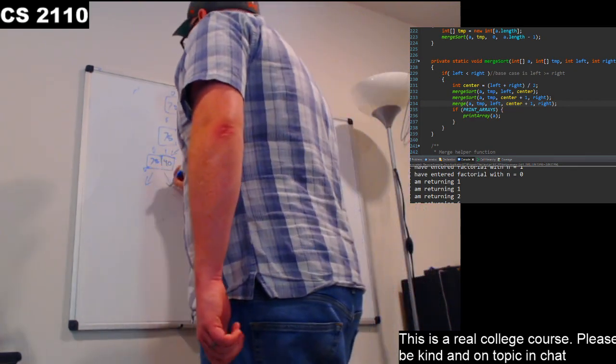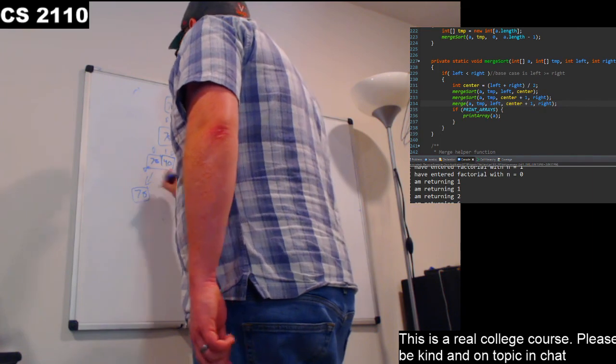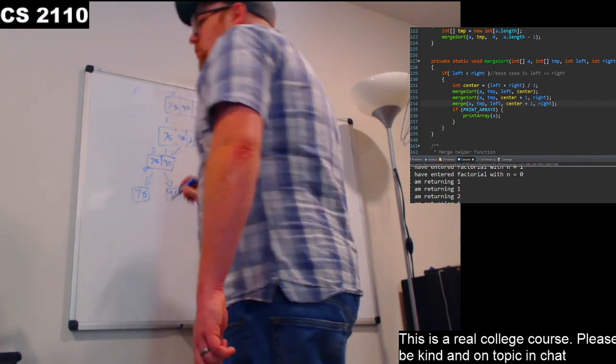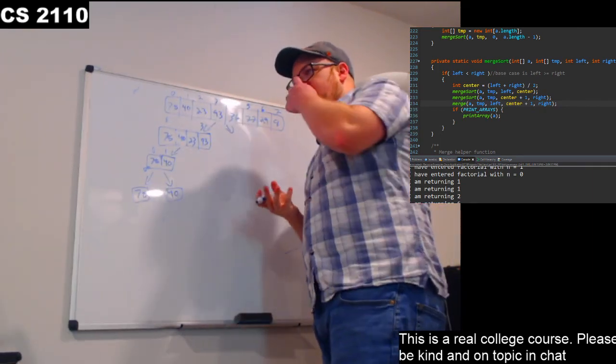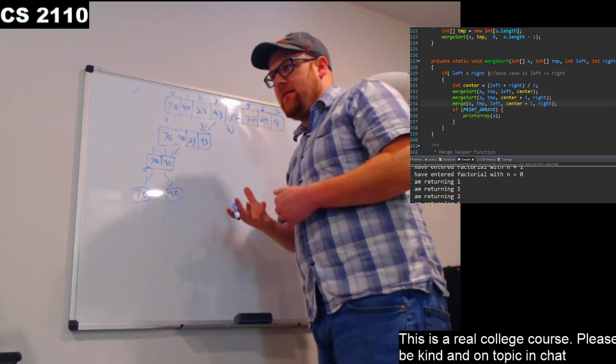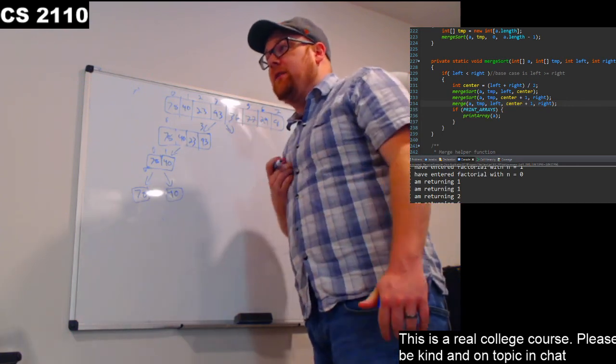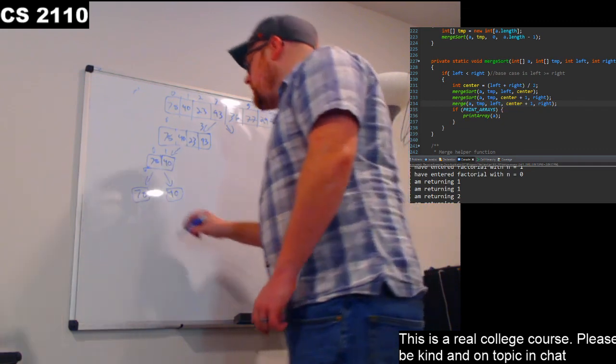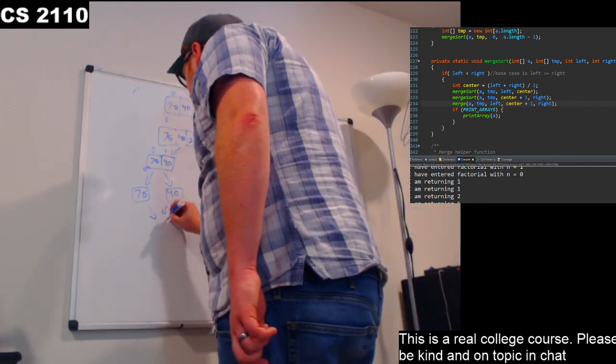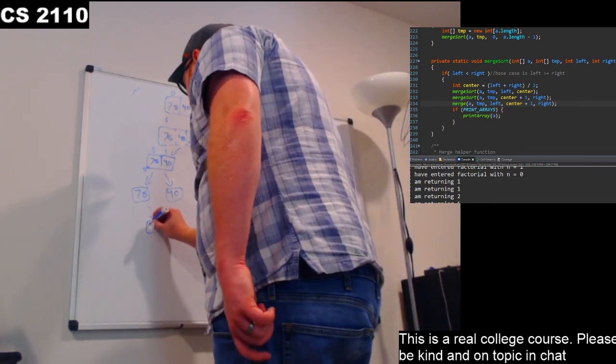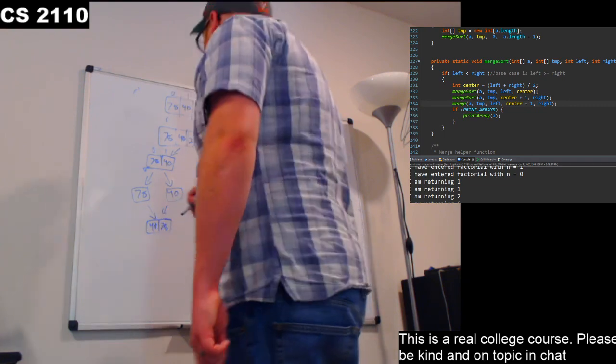Now, when I split these up, again, this is what I showed a second ago was more precisely how the code works. This is how to visualize it. And the two actually do conflict, but that's okay. So I need to merge 40 and 78 into an array of size 2. That gives me 40 and 78.